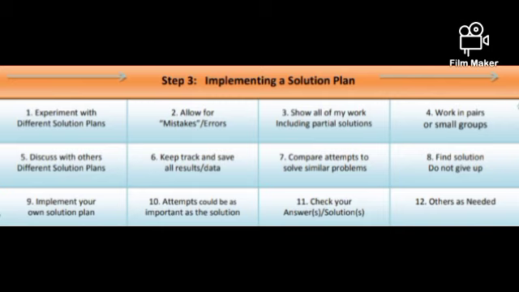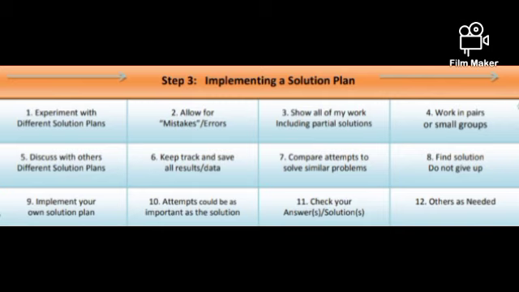Along the way of implementing a solution plan, you might end up with an incorrect solution, because sometimes it's only in implementing a solution plan that you will discover the flaws or the limitations of your plan. And then you go back to your first strategy. You prepare to implement another plan.